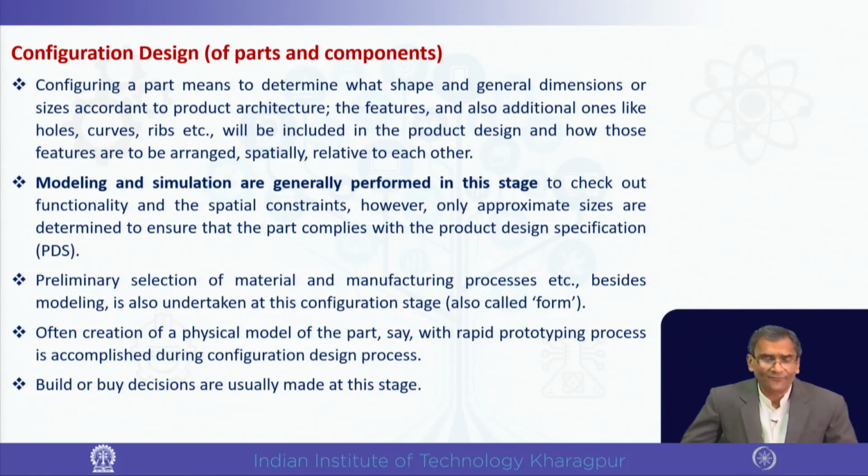Shape, sizes, and the features, there are different features also, like say ribs, curves, holes, etc. are to be also provided. So, those are to be included in the product design beside the shape and size, and how the features are arranged in space or spatially related to each other, that also is discussed here.